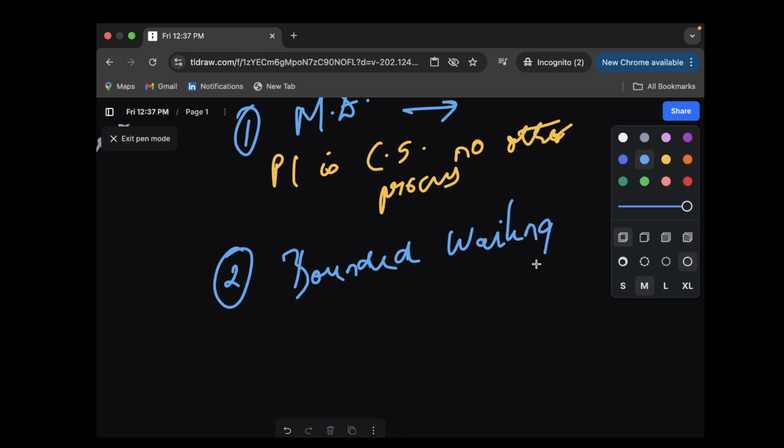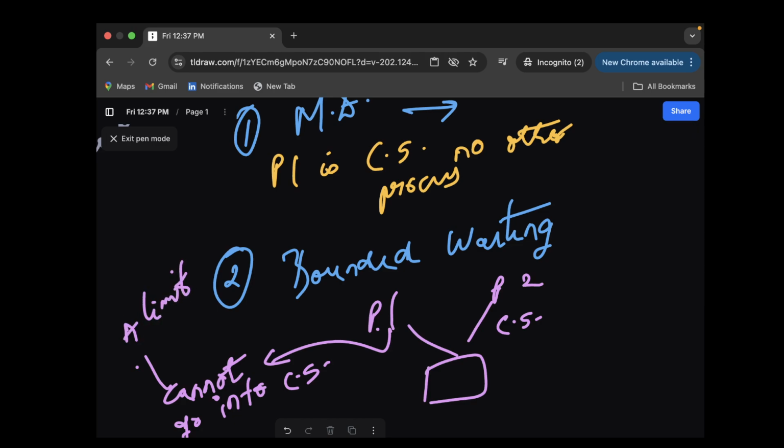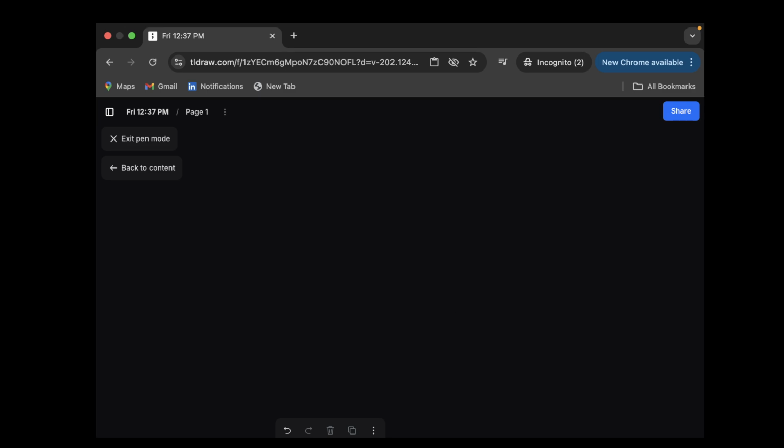If I have two processes P1 and P2, and P2 wants to access the critical section, then P1 cannot keep going into the critical section. There should be a limit set.